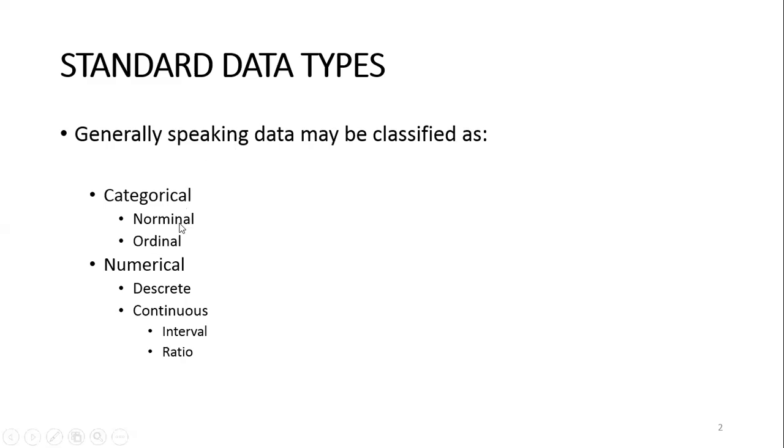Categorical data, nominal data is descriptive data, descriptive in nature, like large, small, medium, different colors like yellow, blue, those kind of things. Those are descriptive data.